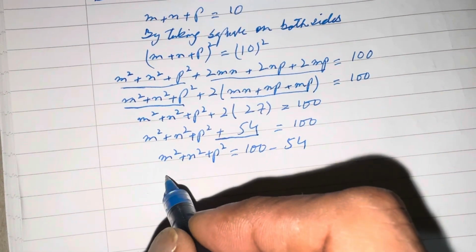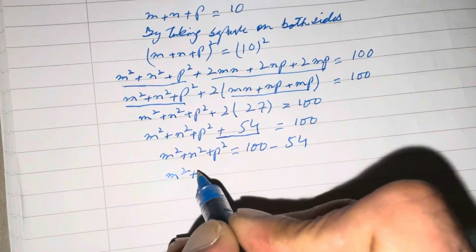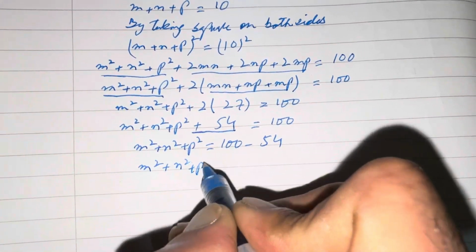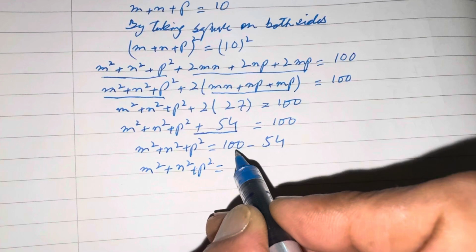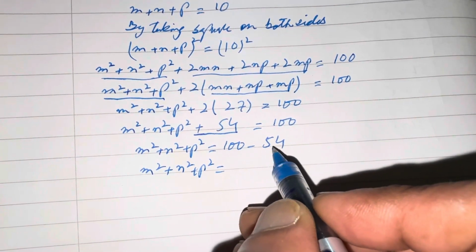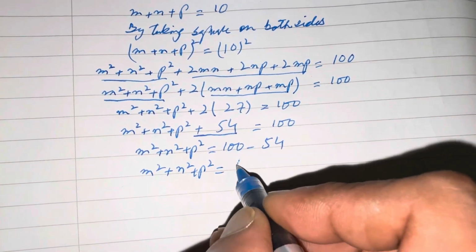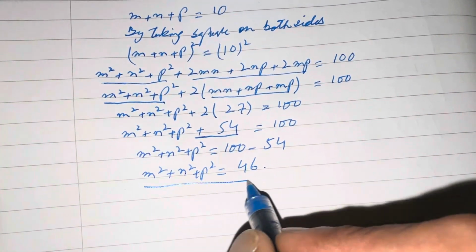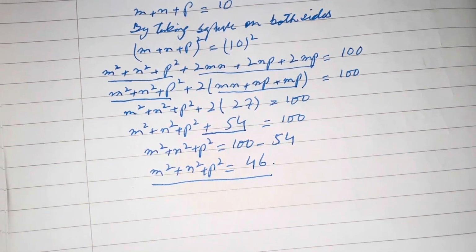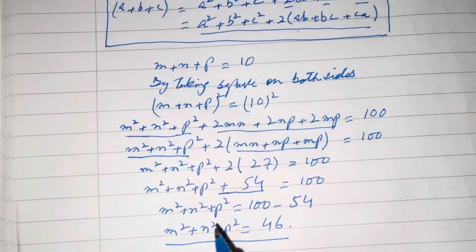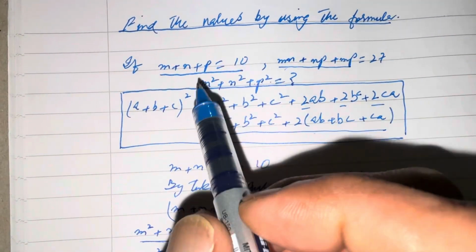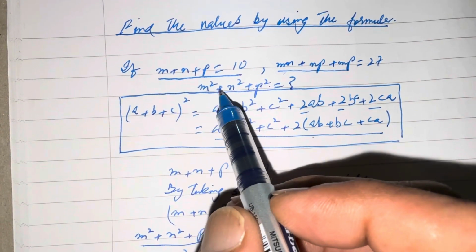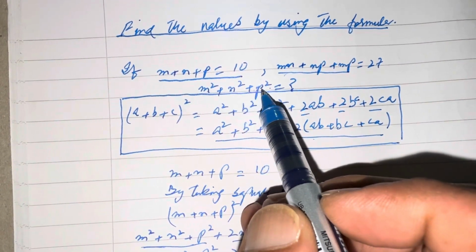Then in our next step, m square plus n square plus p square will be equal to 100 minus 54, which equals 46. So that's the answer we have found, as the question asked us to find the value of m square plus n square plus p square.